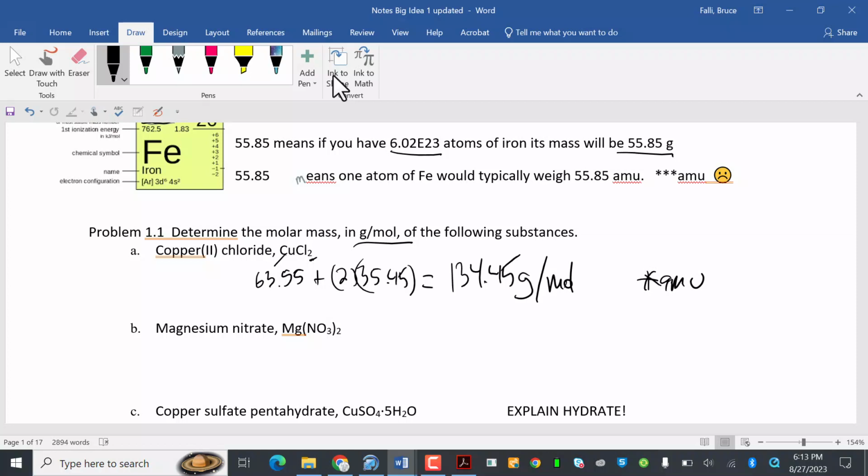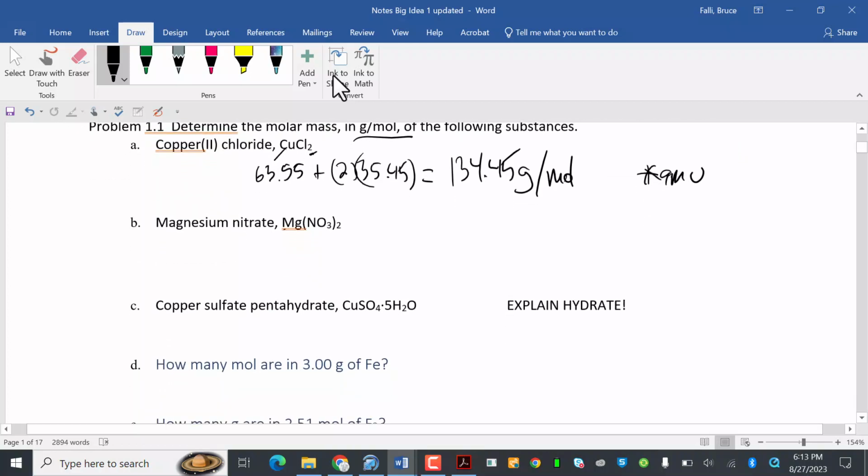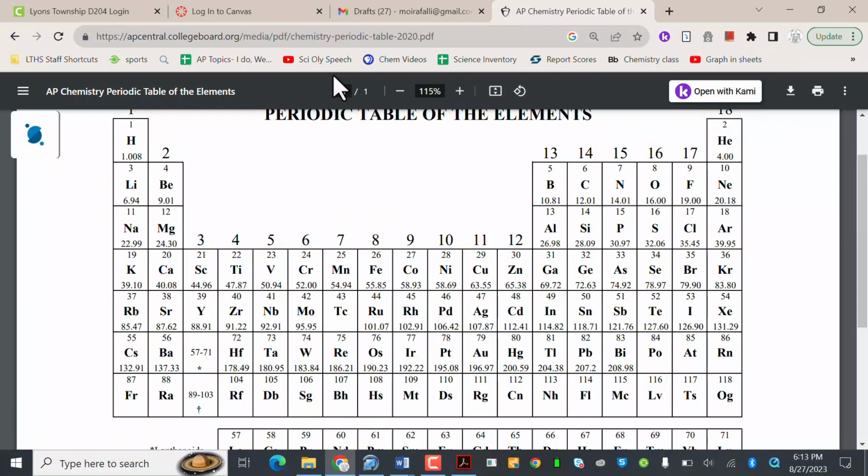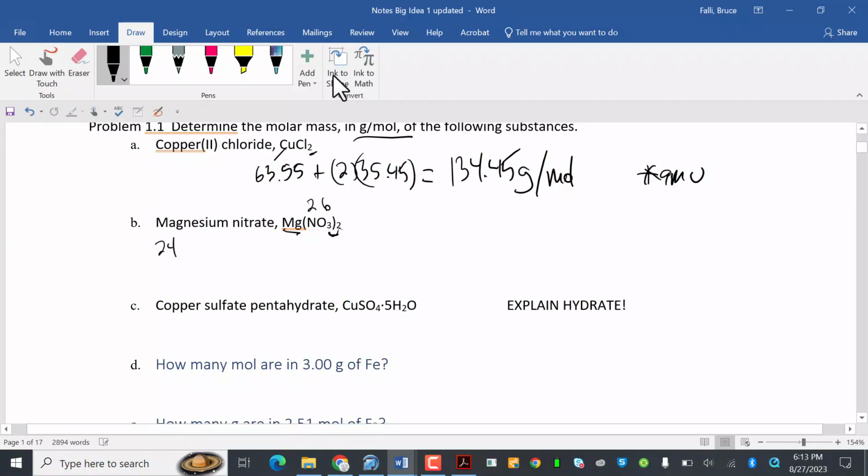Okay. Magnesium nitrate. So for magnesium nitrate, I have 1 magnesium, I have 2 nitrogens, and I have 2 times 3, 6 oxygens. So I'm going to look at magnesium, 24.3, nitrogen, 14.01, oxygen, 16.00. So 24.3 plus 2 times 14.01 plus 6 times 16.